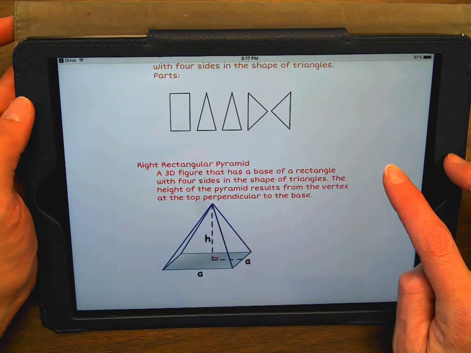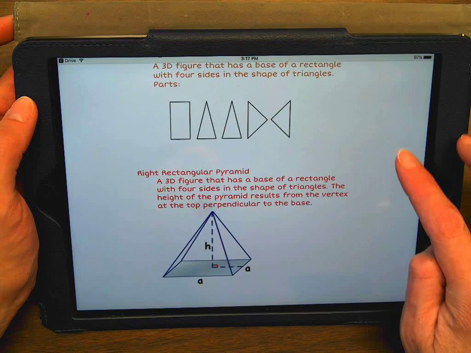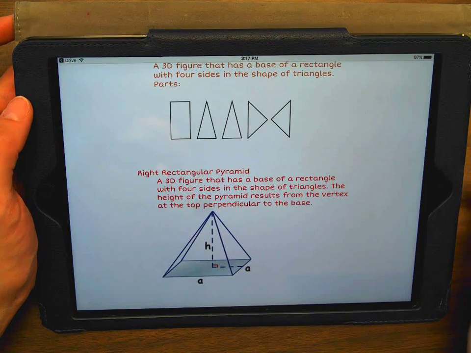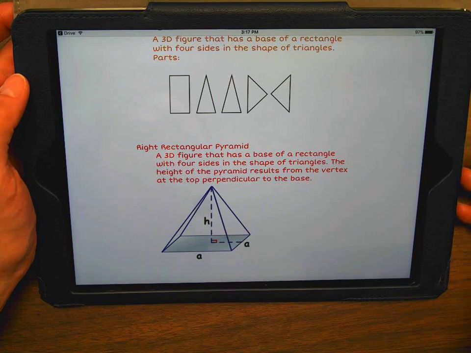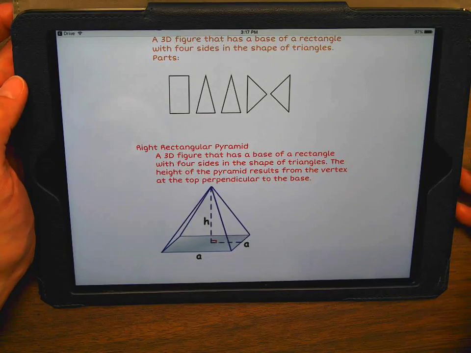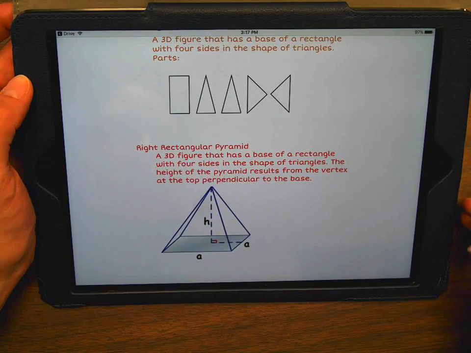Okay? A right rectangular pyramid is very special because it is a 3D figure that has a base of a rectangle, just like the other one, with four sides in the shape of triangles. But the height is very important because the height of the pyramid results from the vertex at the top to the perpendicular base.